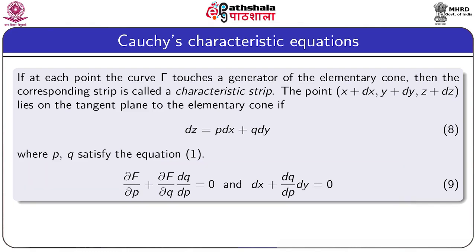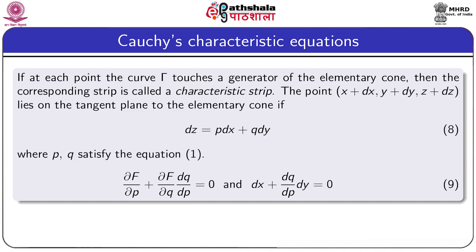And from equation 8, if we differentiate with respect to p, we get dx plus dq/dp dy equals 0. Now, we eliminate dq/dp from the two equations written in 9, that is, putting the value of dq/dp from the first equation into the second, we get a relation between dx and dy.